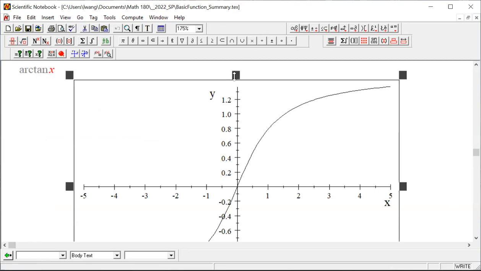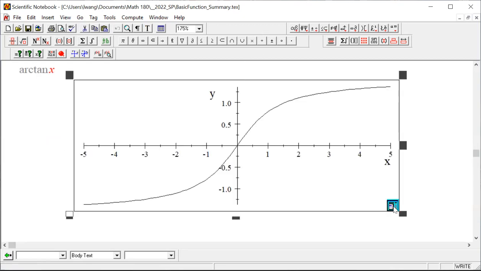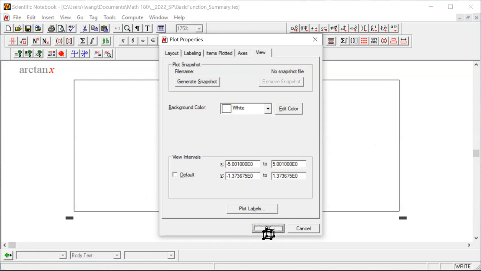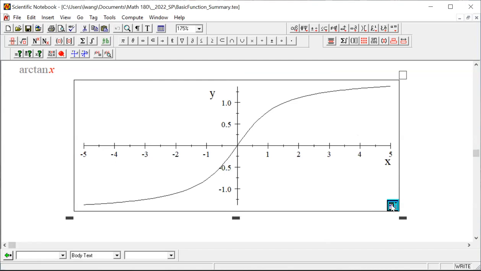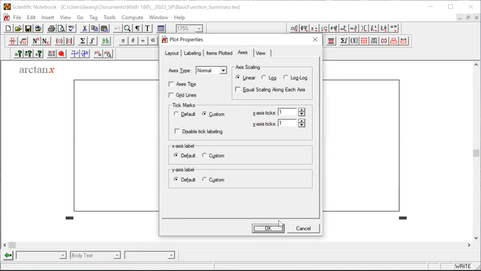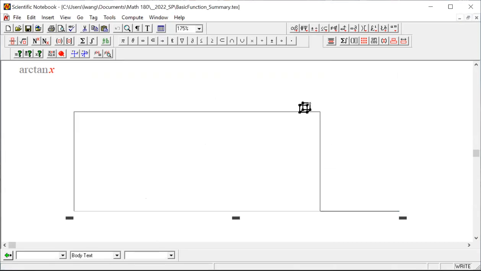Arc cotangent, however, was a little tricky, because this software doesn't produce it. But no fear, I have one for you, so I'm going to put it together for you.